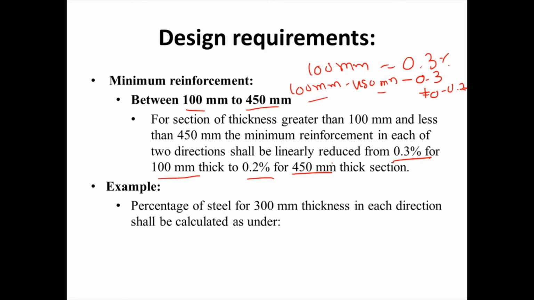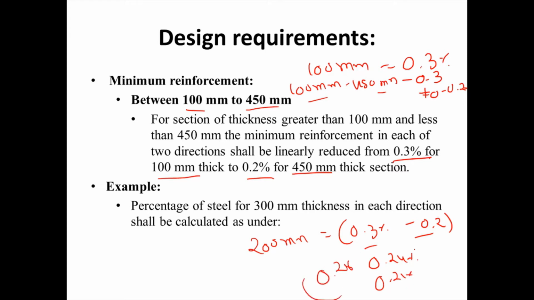Simple logic: if the thickness of the wall is 450 mm, the percentage of steel is 0.2 percent. In between these two it will be 0.24 percent, 0.21 percent, or 0.28 percent. So when the thickness of the water tank wall is 100 mm to 450 mm, we require PT in between 0.3 and 0.2.